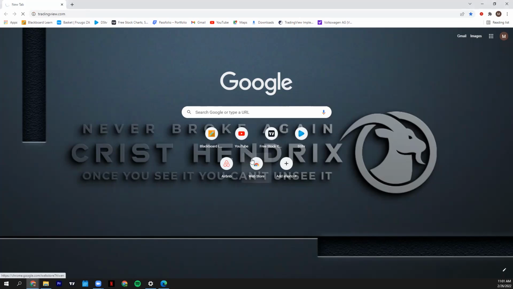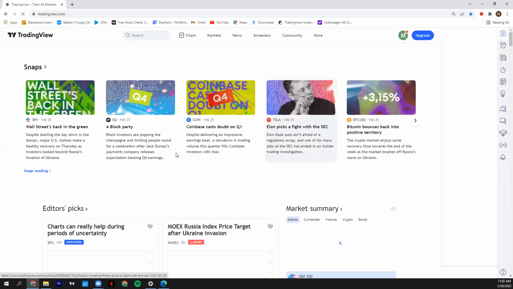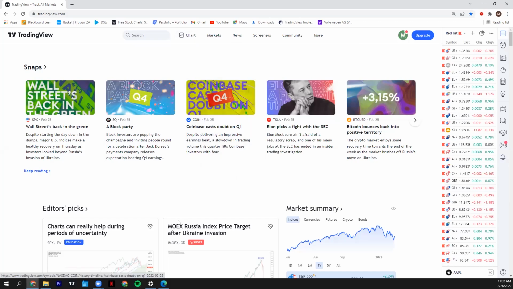So today I'll be using the TradingView platform. Before we get into this platform, as you can see, I have a few pairs lined up. Today I'll be only looking at silver, which goes hand in hand with gold.